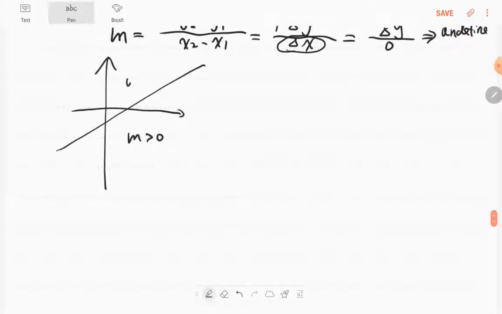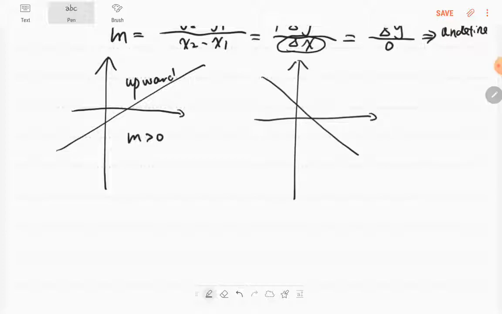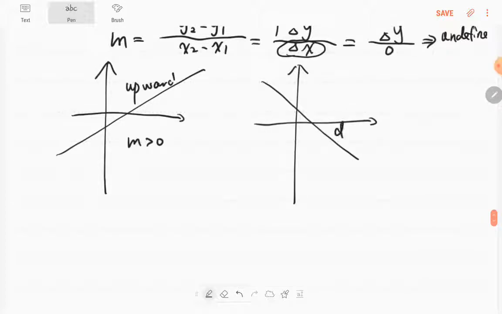This is the first one. Of course we have the second one. If it goes down, downward, then we will get a negative slope.